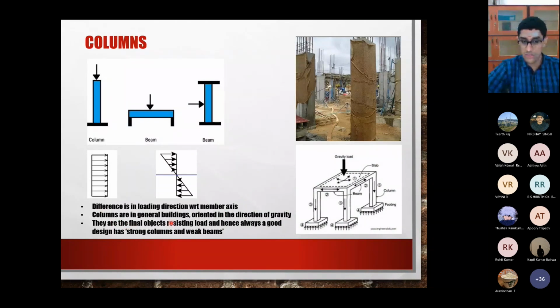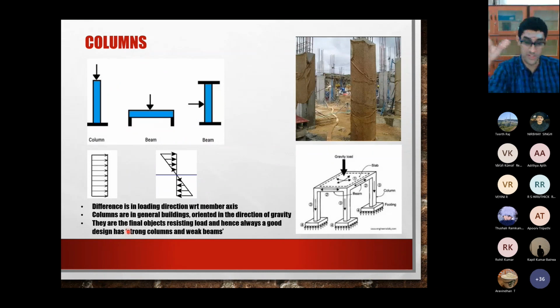In normal buildings, columns will be oriented in the direction of gravity, meaning vertical, like you said. That is the general orientation of a column. There may be situations where a column is not oriented in the gravity direction. For example, in a truss, not all elements are vertical.